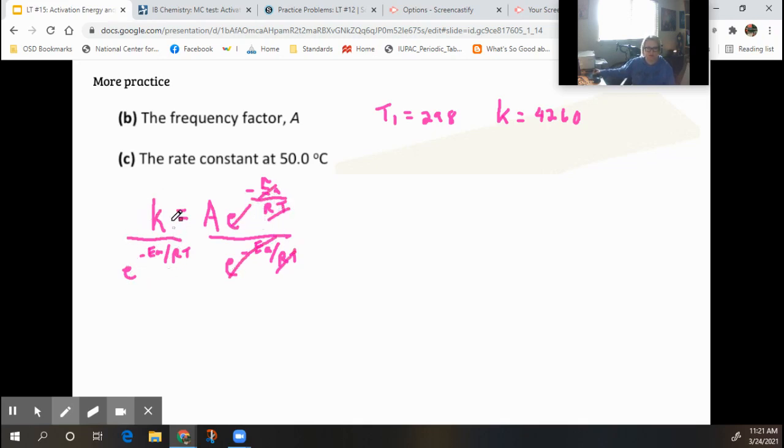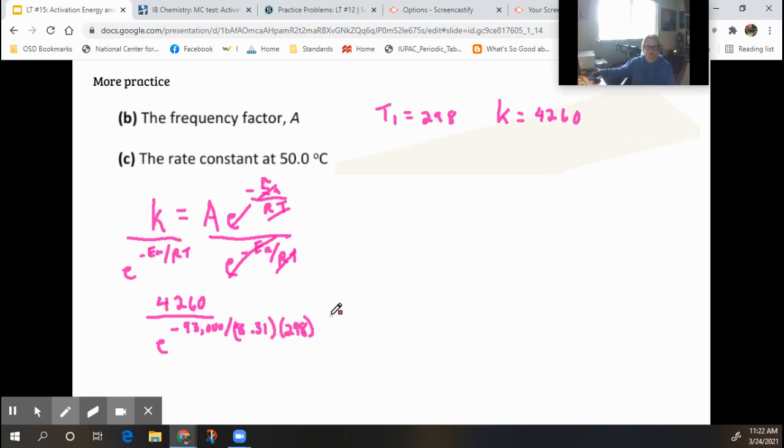And now I'm going to have a function here that's going to enable me to solve for my frequency factor. So I'm going to have 4,260 all divided by e to the negative, and I've got to make sure it's the joules version of activation energy, 93,000 divided by 8.31 times 298.